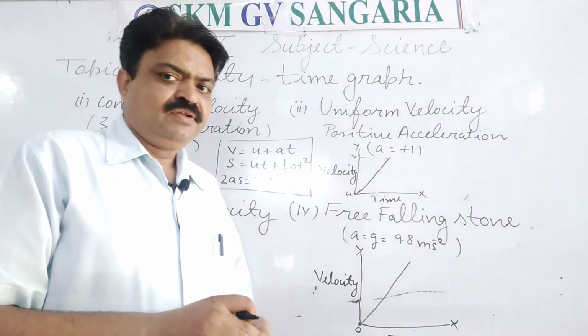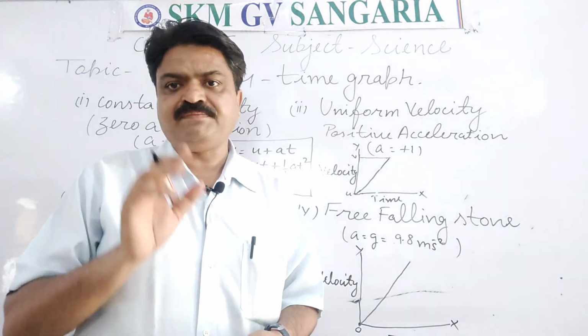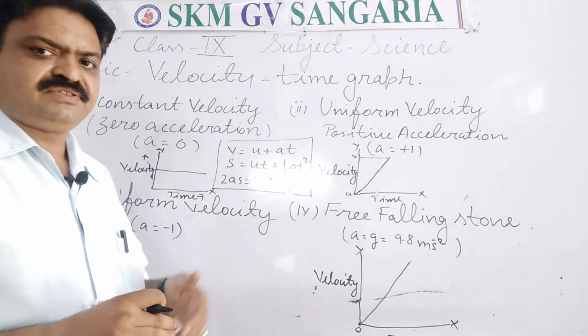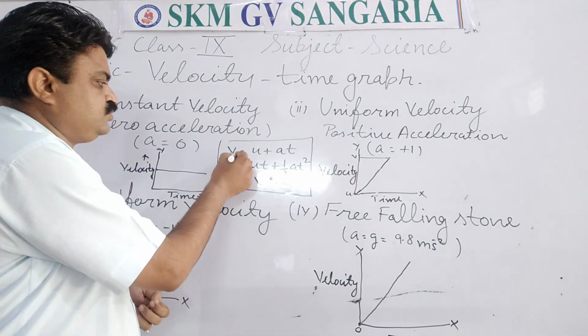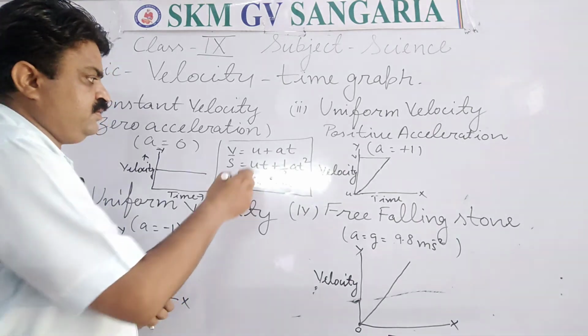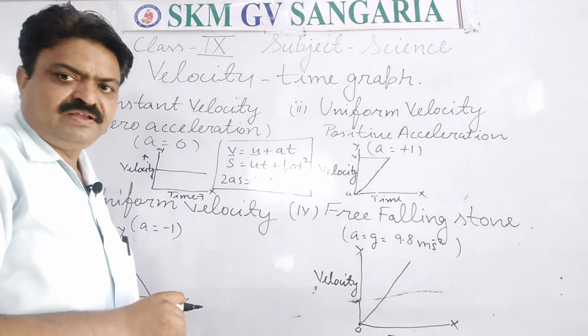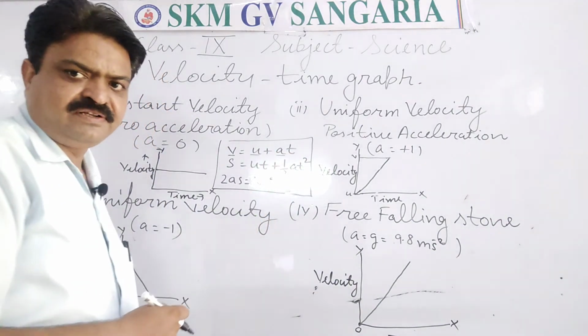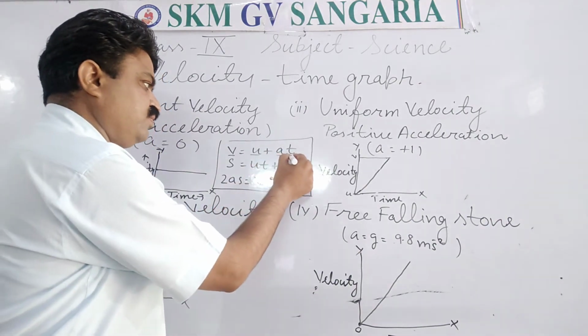Now try to understand the symbols used in these equations. In the first equation, v is used for final velocity, u is used for initial velocity, a is for acceleration, and t is used for time.